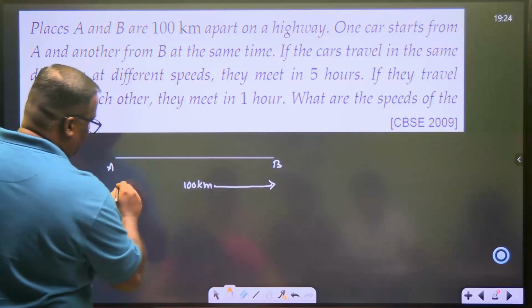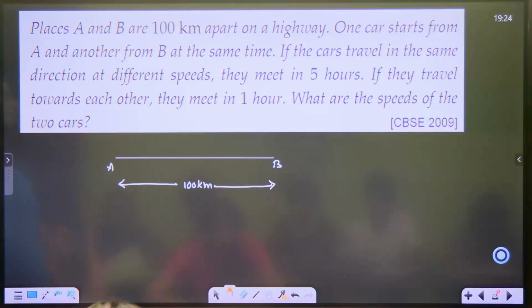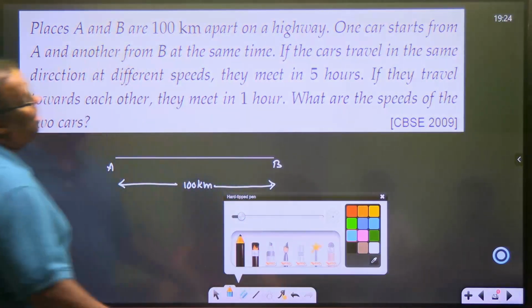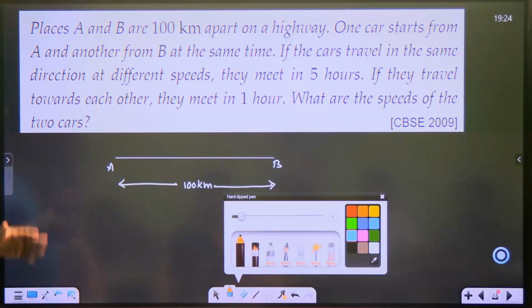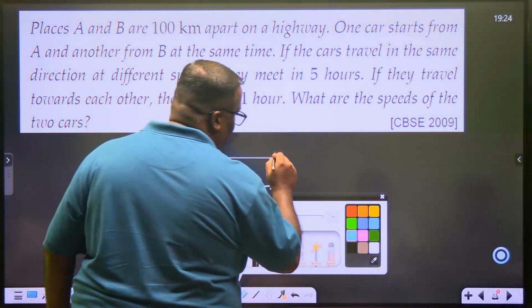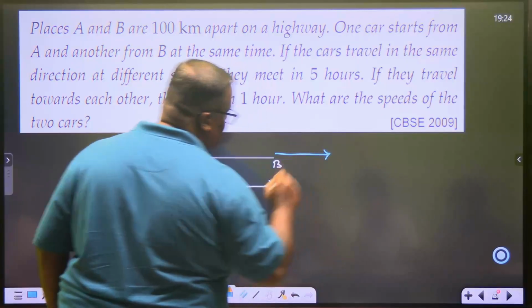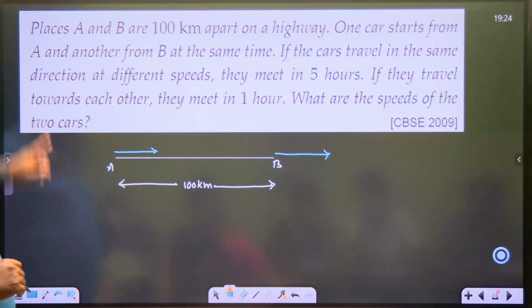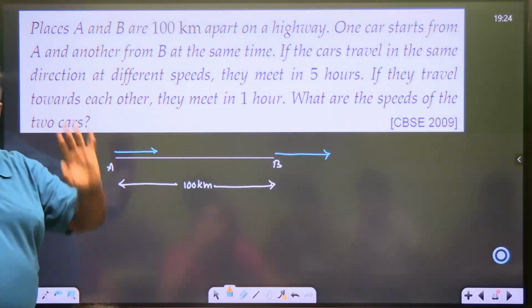Now, see, one car starts from A and one car starts from B. Further, they will confuse you: the cars travel in the same direction at different speeds. So case number 1 is there is a car traveling on this side and a car traveling on this side at different speeds.